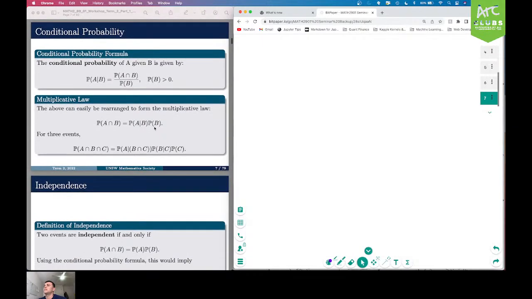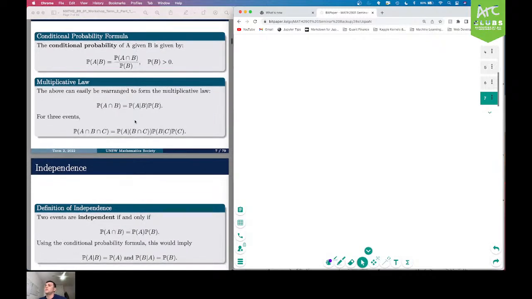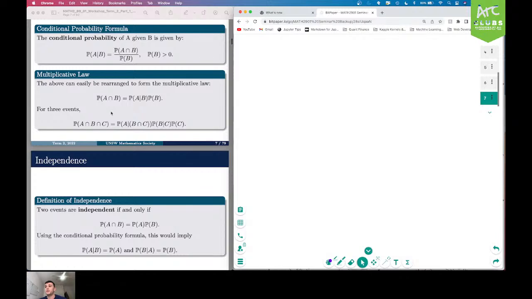Now you'll see that we get this identity here for the probability of A intersect B, and the way we got that is simply by multiplying both sides by the probability of B. If you take this expression and multiply both sides by the denominator, you get nothing but that. We can, of course, generalize this to 3 events. Here's the formula for when there is an A intersect B intersect C component as well.